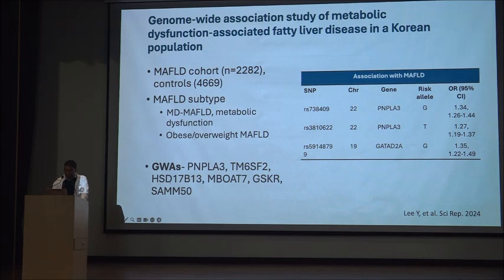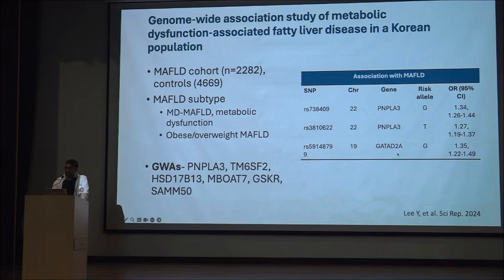These were the routine genes which have been found to have association with the NAFLD definition, that is PNPLA3, TM6SF2, HSD, MBOAT7, GCKR and SAMM50. But for MAFLD, it was found that the PNPLA3, the particular SNP, had a higher association compared to the non-MAFLD group.